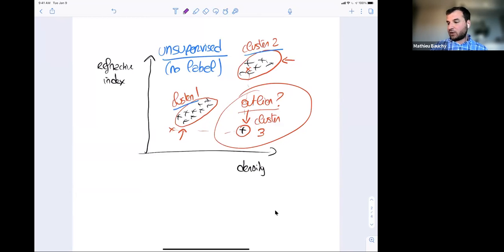But if you already know something about those glasses, some label, a type of glass, if they crystallize, if they phase separate, then it's probably better to use classification and predict this label. If you do not have any label, this is when you would use unsupervised learning, because you would not be able to use supervised learning without a label to predict. Does it make sense what I'm saying?